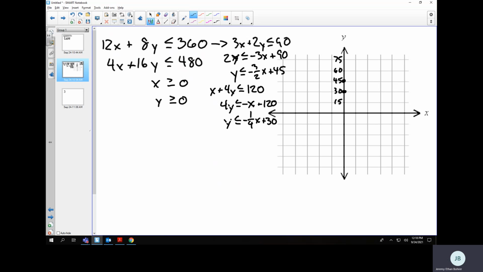Negative 3/2 times 30 is negative 45, so that would go through the point 30, 0 as well. No, that doesn't make sense. It's 30, I guess it works.